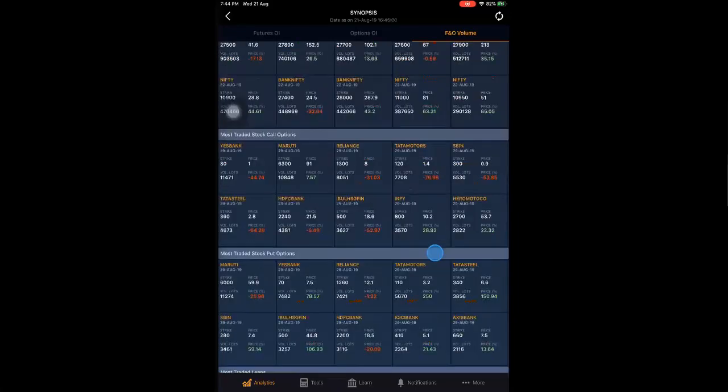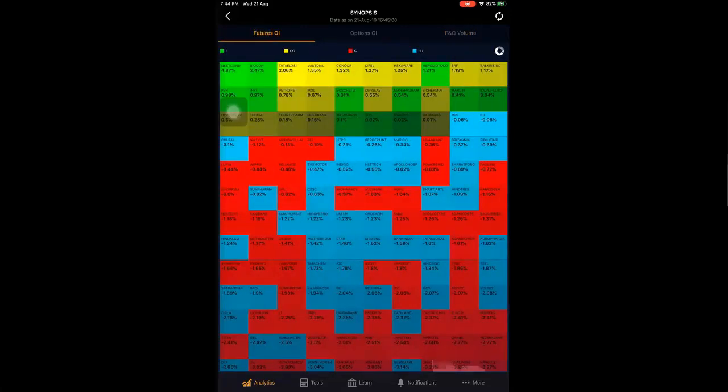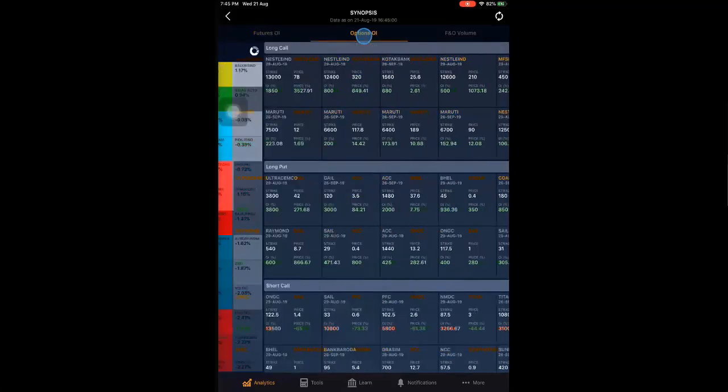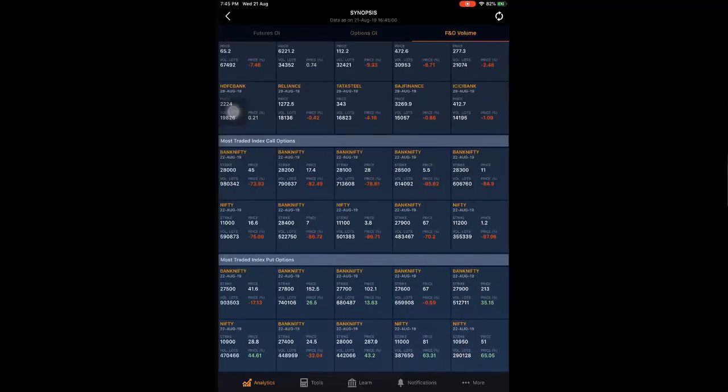So your synopsis will give you the first product, future OI: the market snapshot, the heat map, the pie chart, the complete market structure of build-ups. Option OI will tell you the build-ups in options, which are the stocks where we are seeing long, short covering in the options. F&O volume will tell you which contracts are being traded the most. This way, your entire chain is there in the option chain.